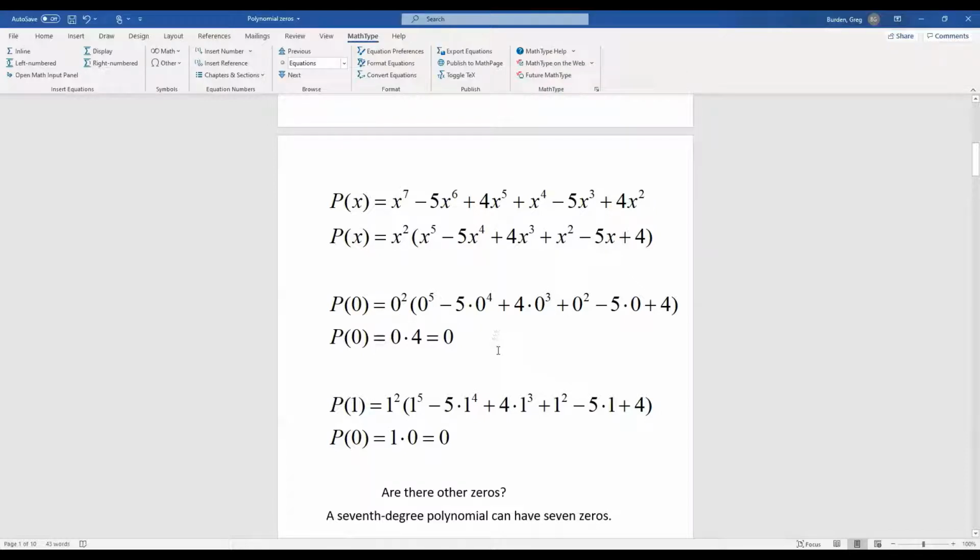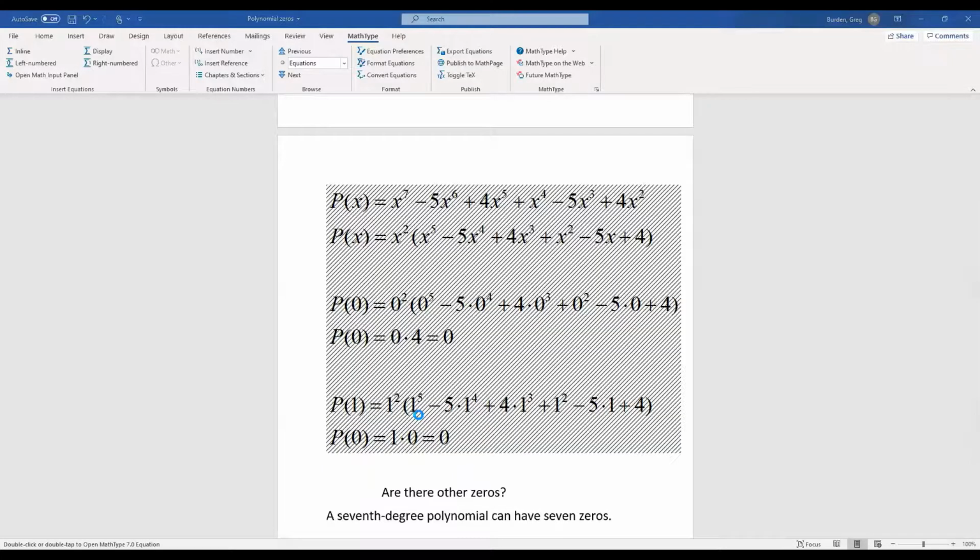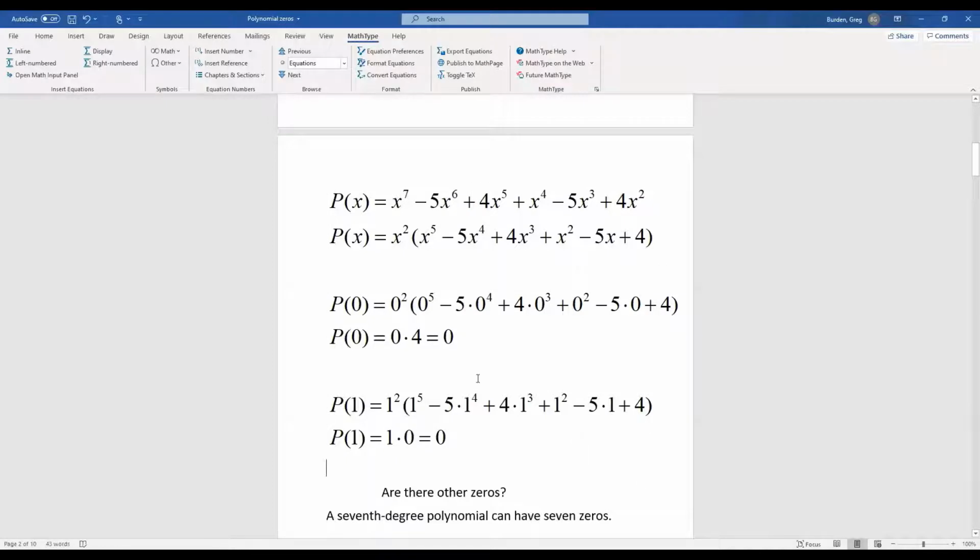Okay, so if we go back and think about p of 0 and p of 1, it looks like I made that same mistake here. Fix that real quick. Okay, I think that's fixed now. If we look at p of 0, we look at the factored form, x squared times the 5th degree or quintic polynomial here.